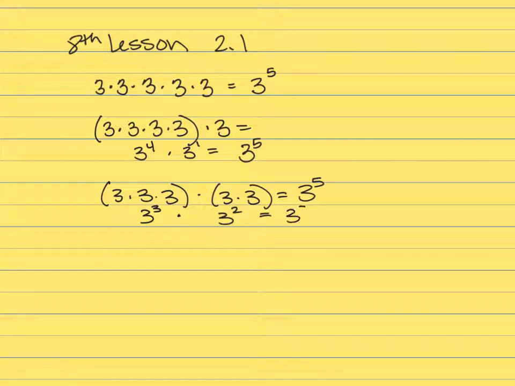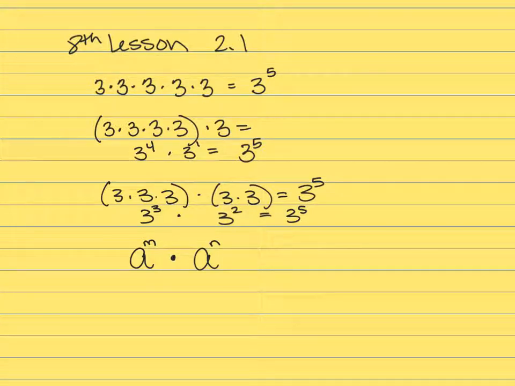Hint, hint. Because that can happen when you have the same base, let's give the base the name of A, just because it can be any base, as long as it's the same as whatever you're multiplying it by. Whatever exponents they have, let's call this exponent n and this exponent n.